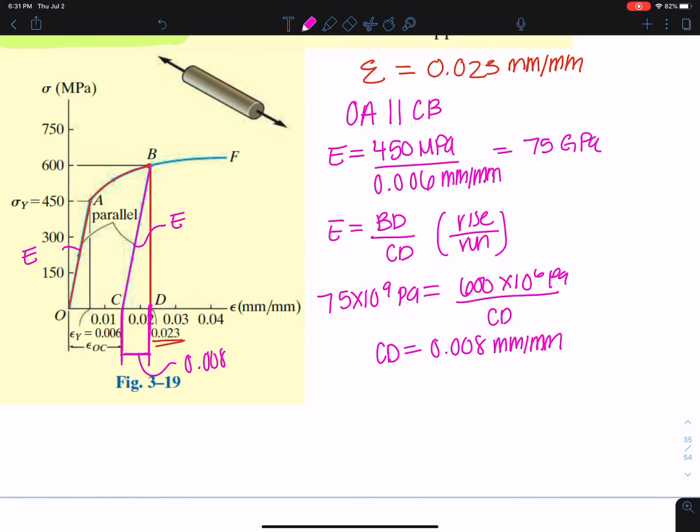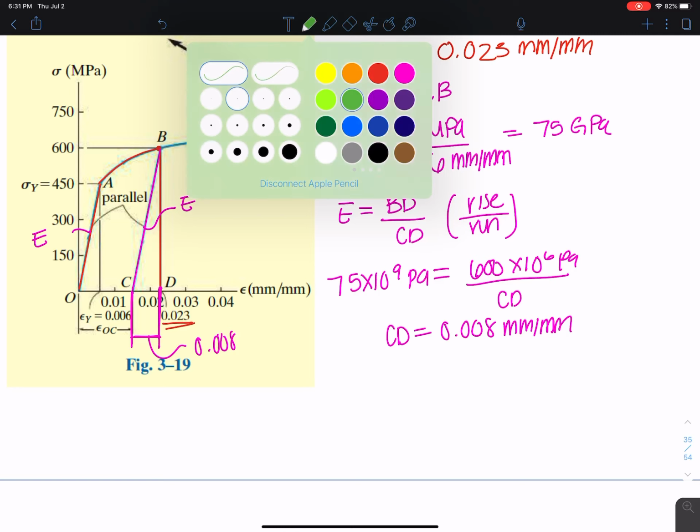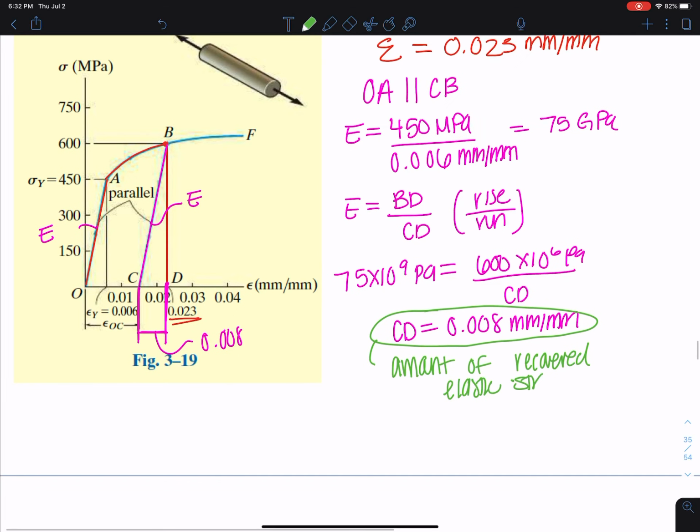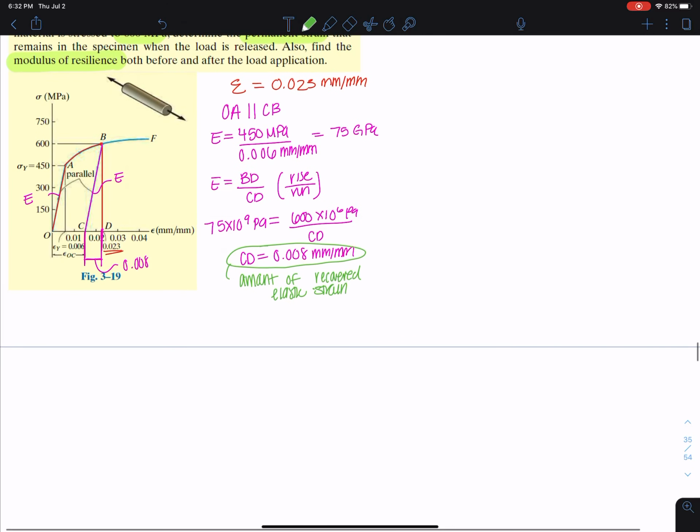And what does this represent? This represents the amount of recovered elastic strain. But we want to know what the permanent strain is. So let's continue. How do we find the permanent strain?